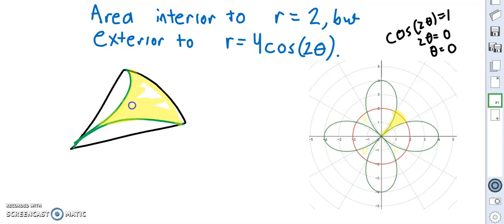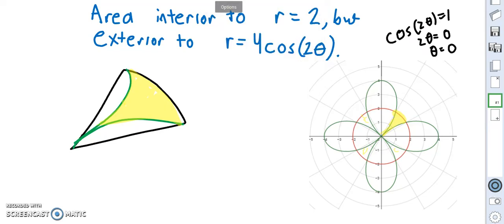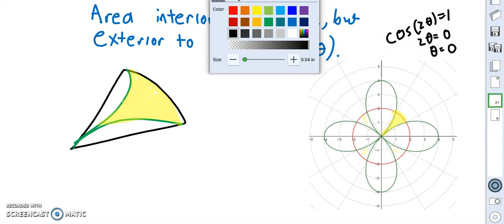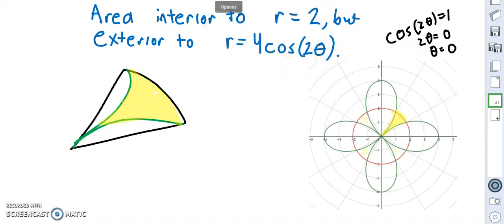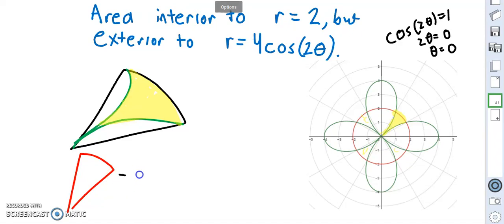But to find this yellow part, I'm going to do the whole sector. Sector, is that what that is? That word just came out, I'm not even sure if I was right.